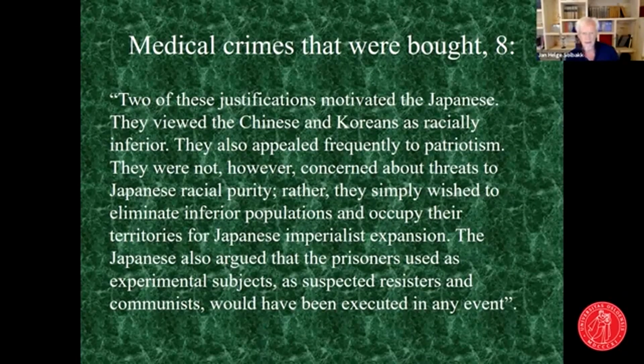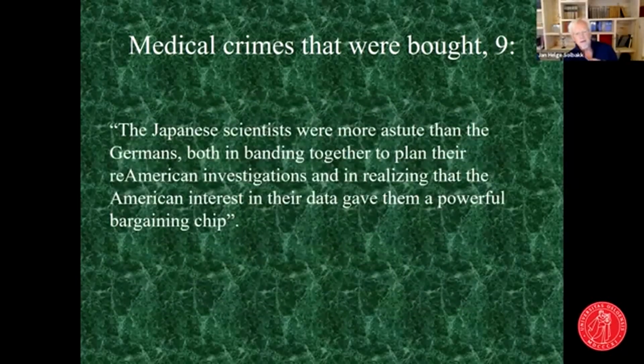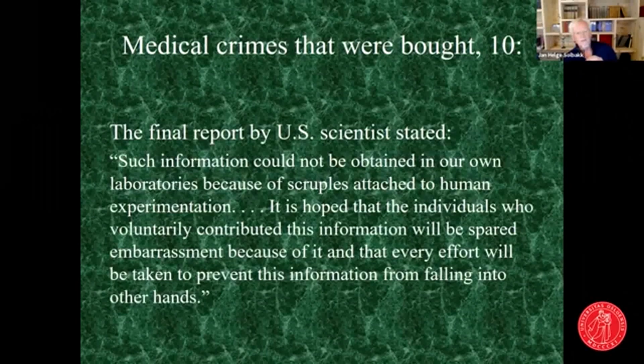The Japanese scientists were more astute than the Germans, both in banding together to plan their American investigations and in realizing that the American interest in their data gave them a powerful bargaining chip. The final reports by US scientists stated, "Such information could not be obtained in our own laboratories because of scruples attached to human experimentation."